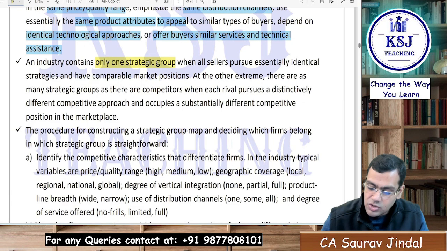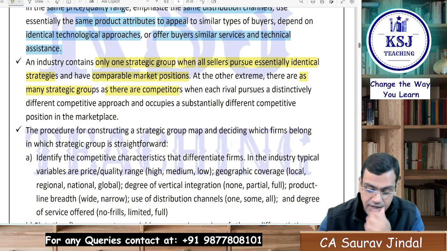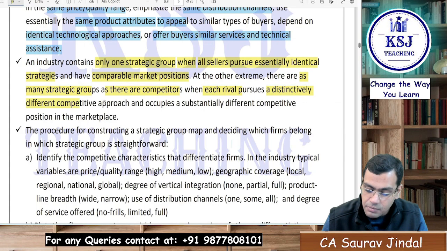Only one strategic group when all sellers pursue identical strategies and have comparable market positions. At the other extreme, there are as many strategic groups as there are competitors when each rival pursues a distinctly different competitive approach.